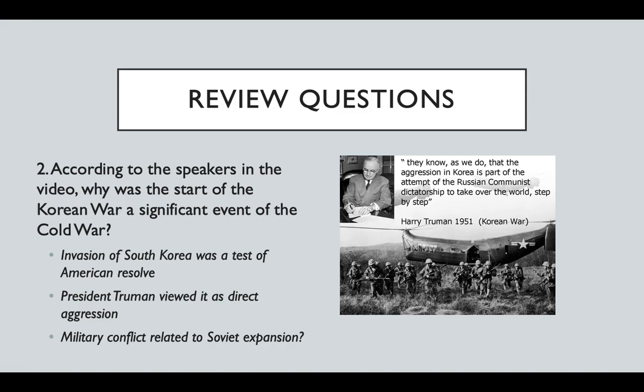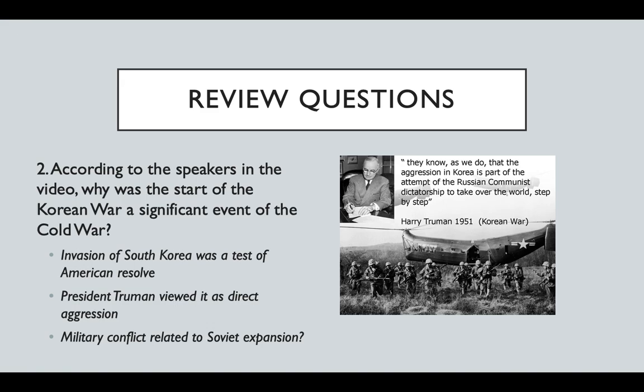What we see here is a shift from those passive policies that I hope to use the answer key to review to more active policies where we are directly involved in the conflict. Remember, although this was masked as a UN police operation, 90% of the soldiers were in fact from the United States. Truman viewed this as a direct aggression.